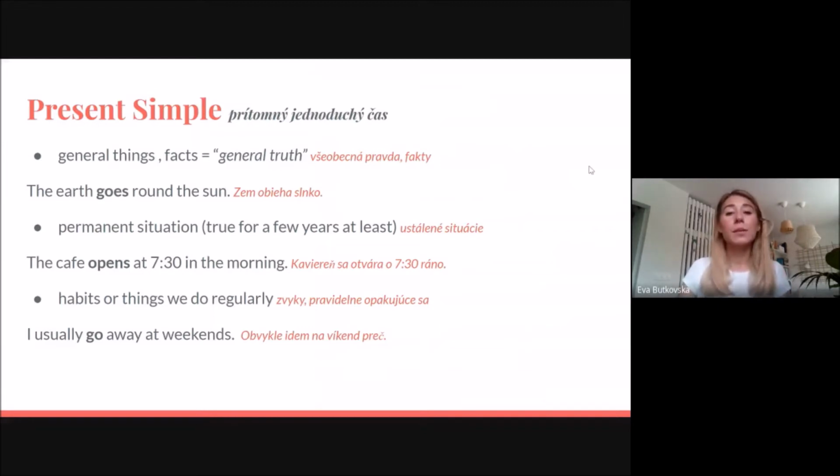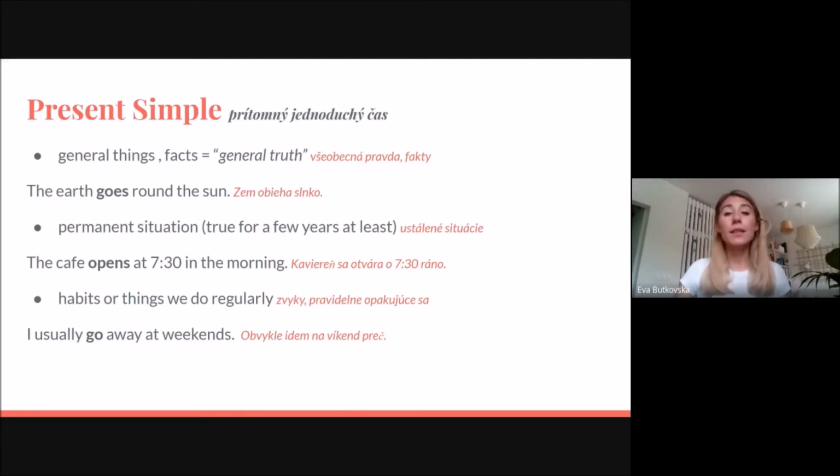We use present simple to talk about permanent situation. So something that is permanent and lasts for some time. So for example, the cafe opens at 7:30 in the morning. Or this lesson takes place at 11 o'clock. So facts and permanent situation.